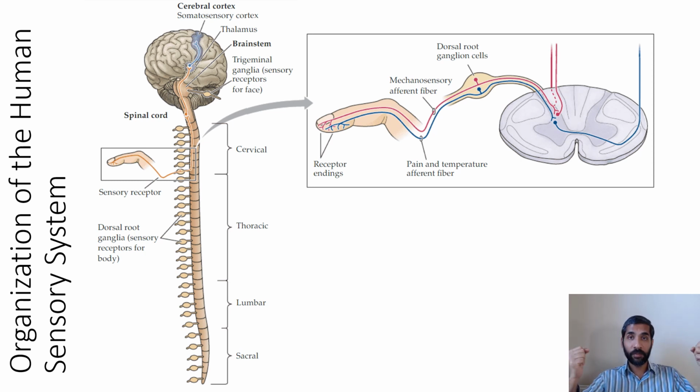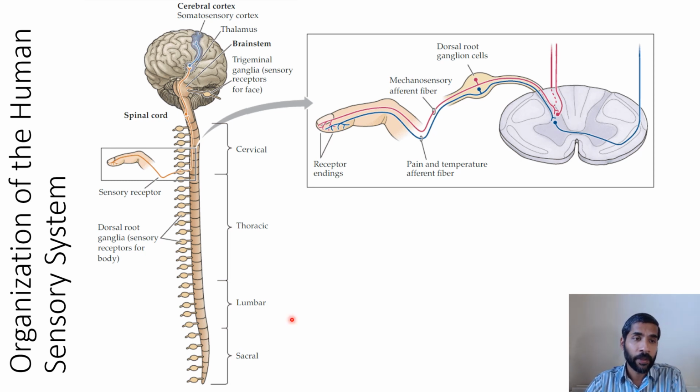The motor system is the execution of movement by our muscles because of signals sent by the brain, right? So the motor system works from the brain to the muscles, while the sensory system works from the periphery, the various sense organs, to the brain, right?